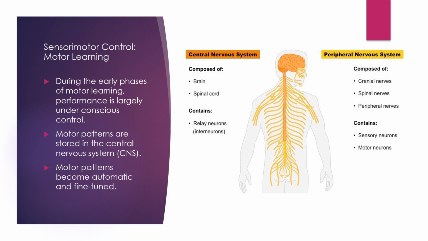The central nervous system receives information from the peripheral nervous system, which is composed of the cranial nerves, the spinal nerves, and the peripheral nerves in our fingertips. And these contain sensory neurons, like we've talked about within the feet. There are also neurons that send information to the body.